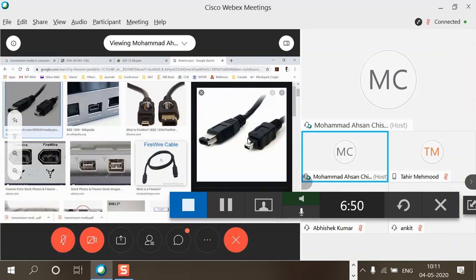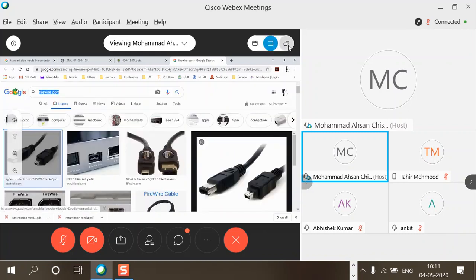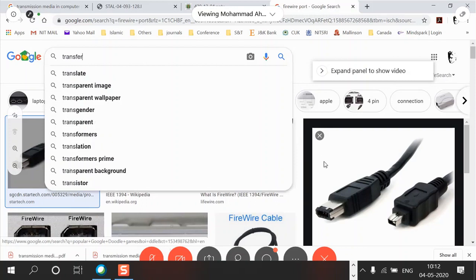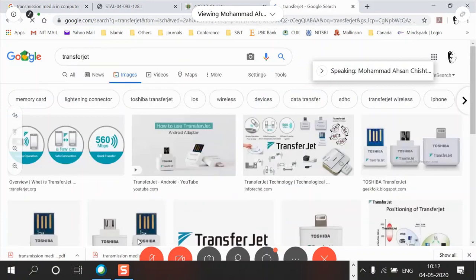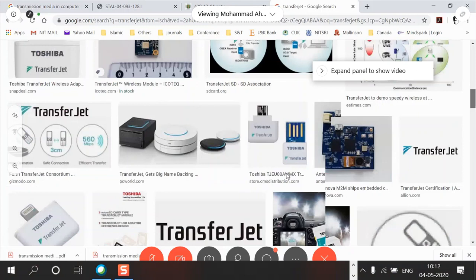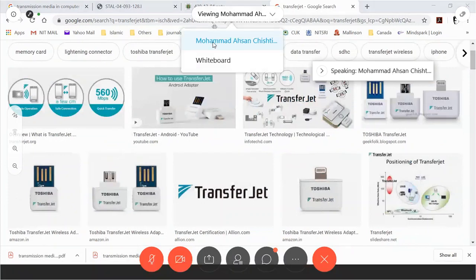We used to have a Firewire cable, and another example I just said was TransferJet. Like this one, we used to have a port to transfer pictures and so on. These are the examples that we have.